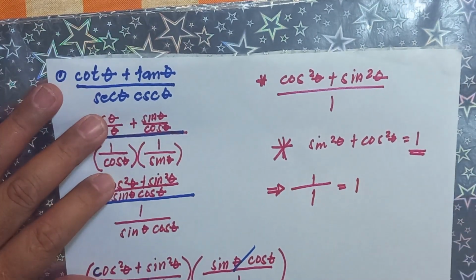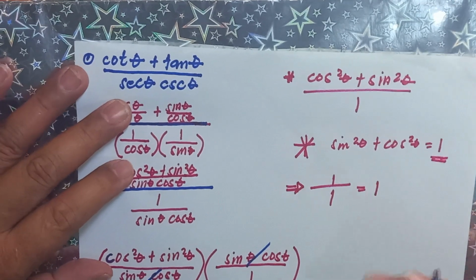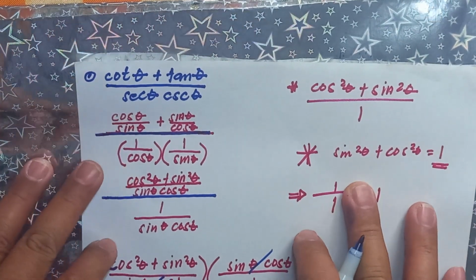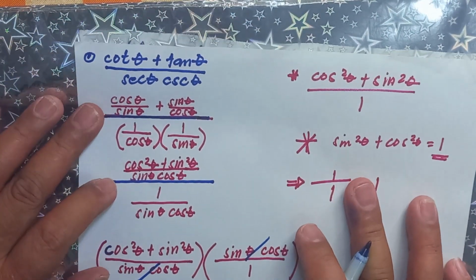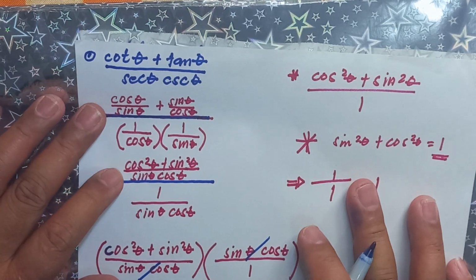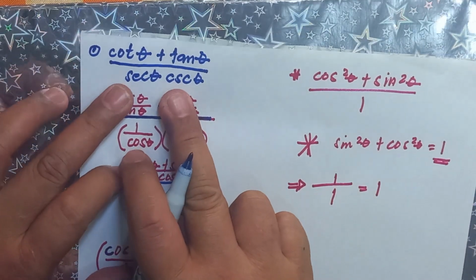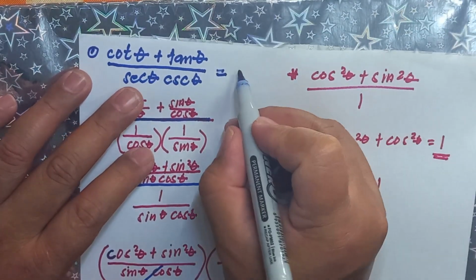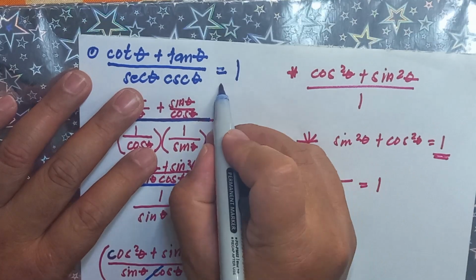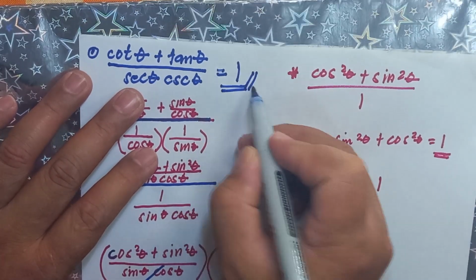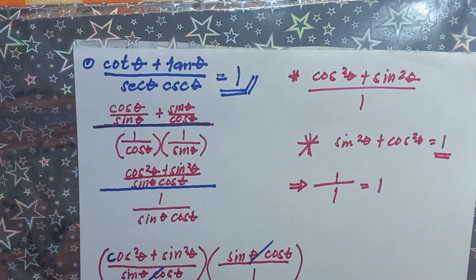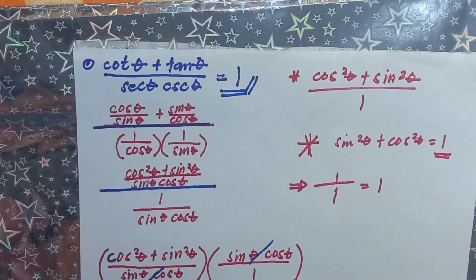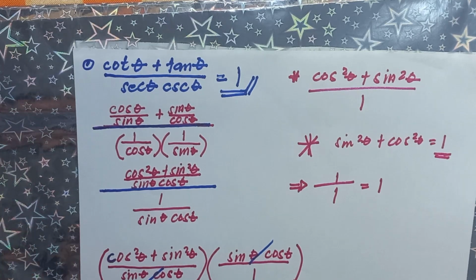So, the result, or the simplified form, of cotangent theta plus tangent theta over the product of secant theta and cosecant theta is actually 1. Okay? So that is the result. I hope you understand what we did with our problem.